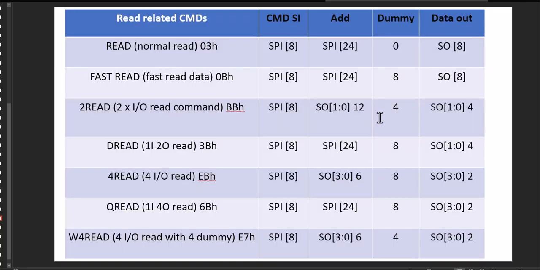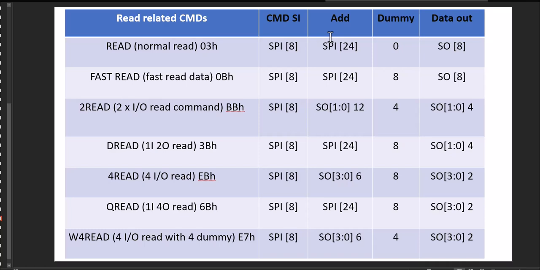In the last video we created a table related to the read commands. For readiness, I just added this slide for you. From this we can conclude the command is always in SPI mode, and the address may have 24 clocks, 12 clocks or 6 clocks depending on which mode of address we are using.